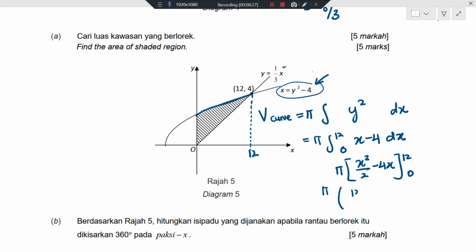So you just, as usual, show your substitution. 0, 0, 0 lah here in this case. So use your calculator. Okay. X minus 4, 12, 0. I'm getting 24 pi.